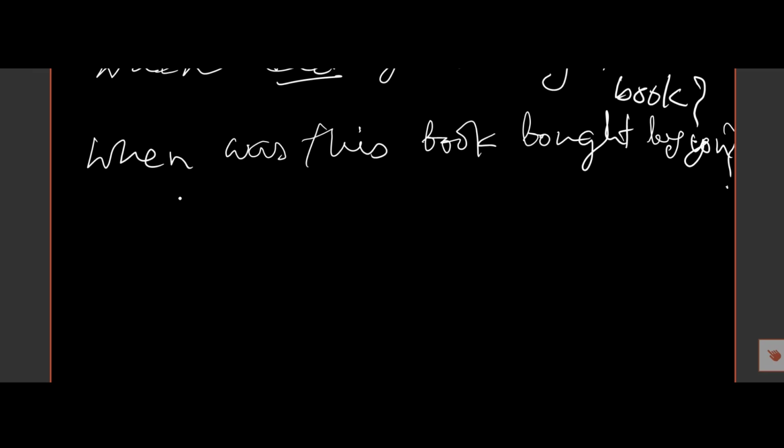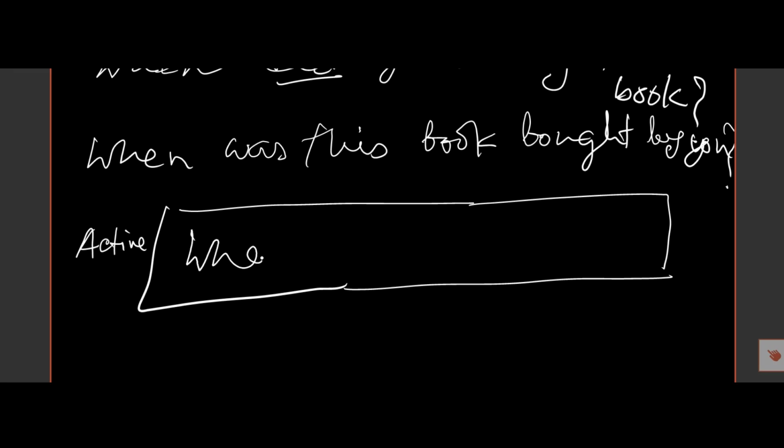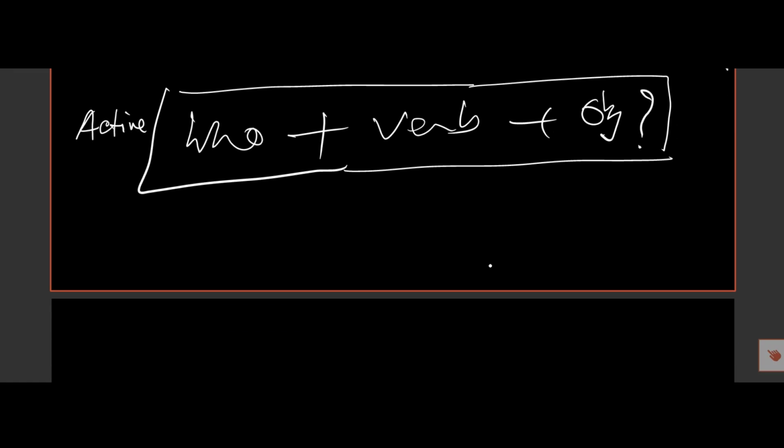If the active voice begins with who, then verb plus object and there is a note of interrogation. So if the sentence begins with who, then we must begin the sentence with by whom.